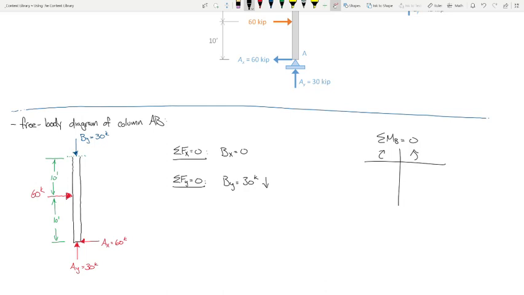No. So all I've got is 60 times 10 and 60 times 20. I can do the math in my head and say this is 1200, this is 600. I need a little more moment over here. So MB is that, right? So 1200 foot kips is MB plus 600.